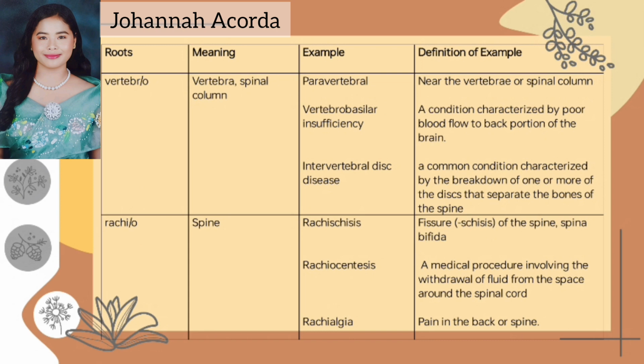It is continuously made and reabsorbed in the brain. Cerebrospinal fluid is made up of cells, water, protein, sugar, and other substances that are essential to maintain balance in the nervous system. So, why might you need rachiocentesis or spinal tap? A lumbar puncture may be done for various reasons.